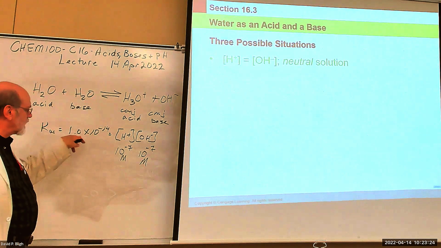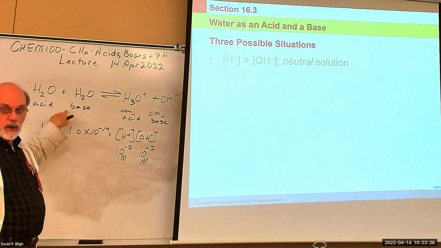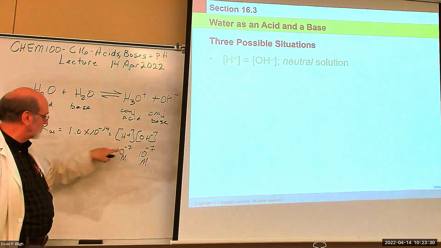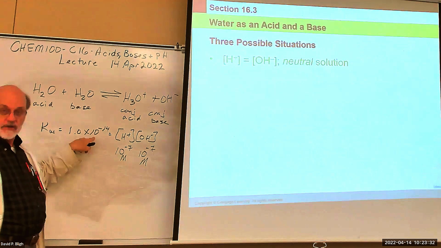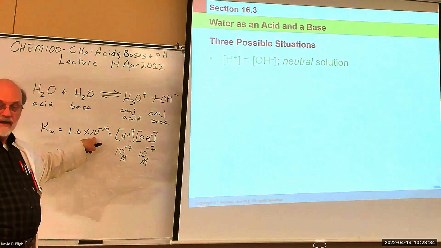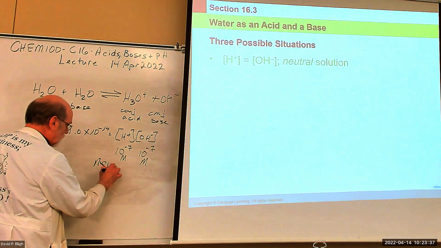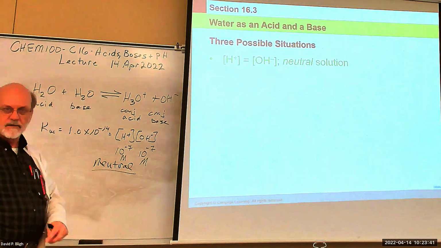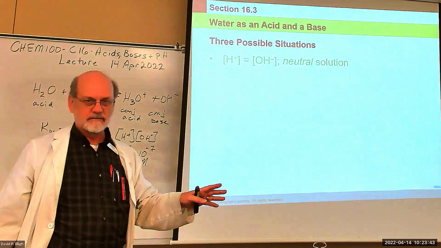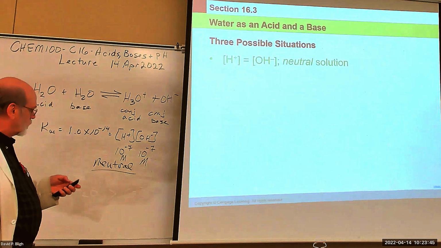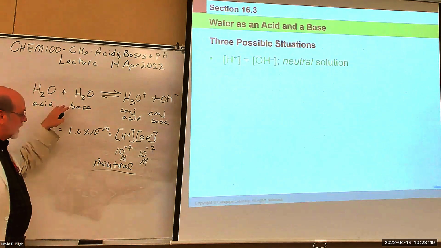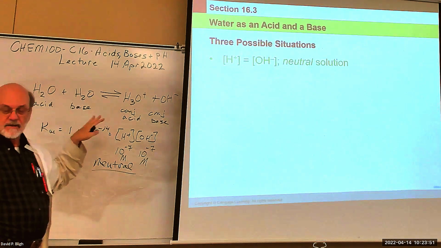That's the only way you can get this expression from pure water. This one has to be equal to that, and multiply them together, you get 10 to the minus 14. This is a neutral solution. It's not acid, it's not base. It's neutral when these two are equal to each other. Now, this is for pure water at 25 degrees.